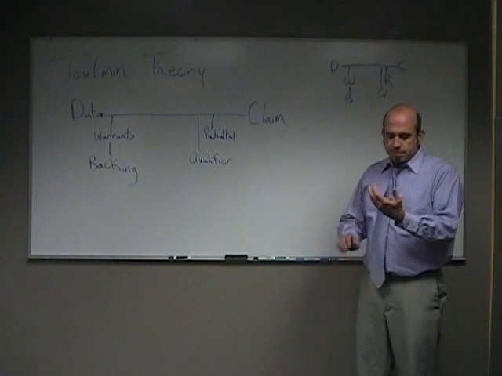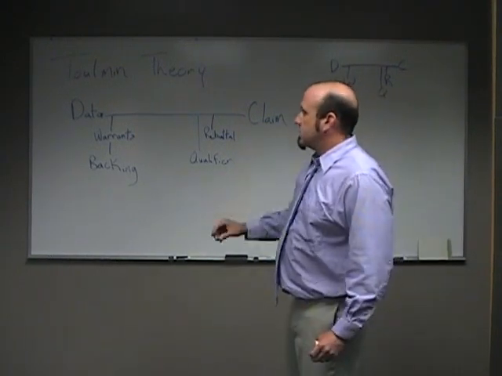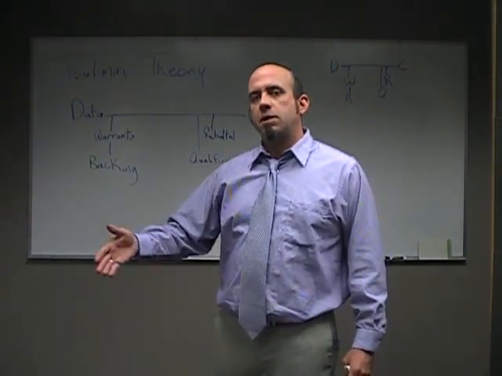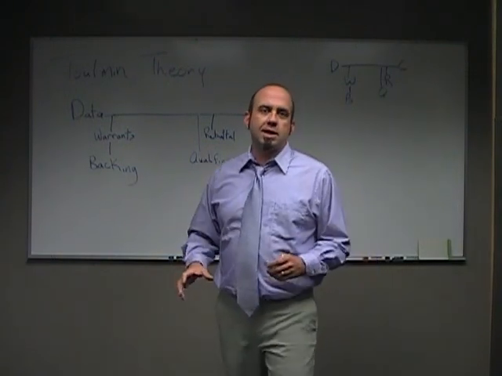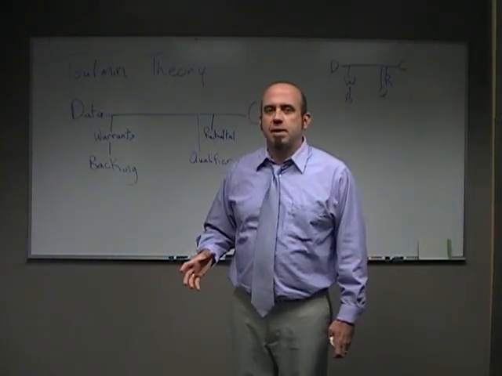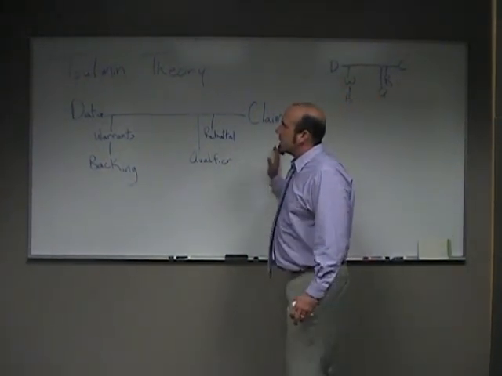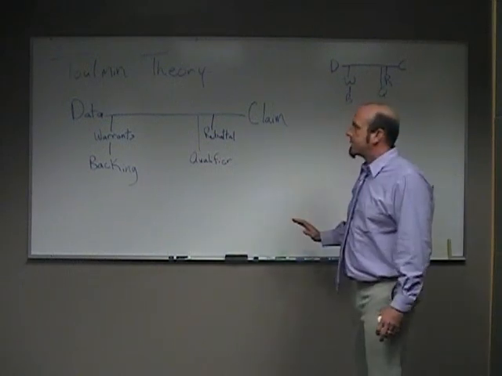Okay, so let's get to it here. What I'm going to do is just introduce this real quick, and then I'm going to explain in greater depth each of the components of the theory using a couple of examples. Okay, so anytime that you see Toulmin theory, you usually see it presented like this.